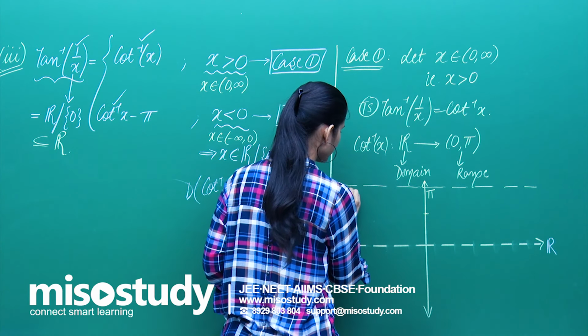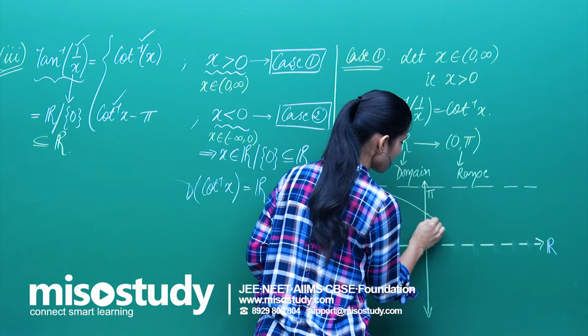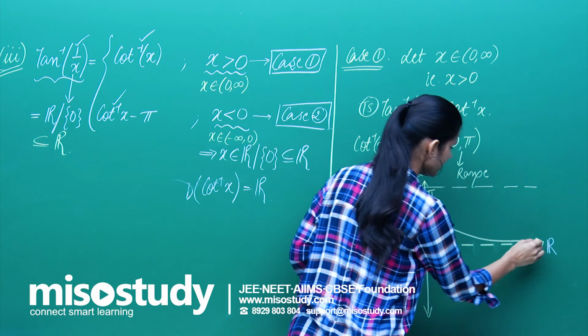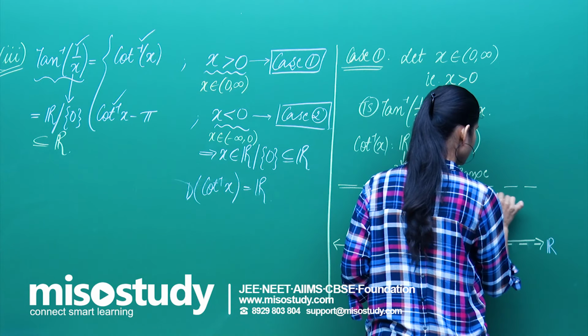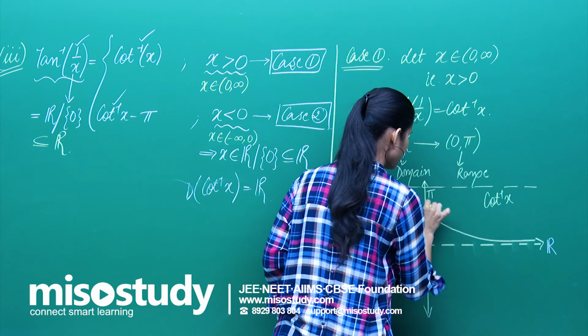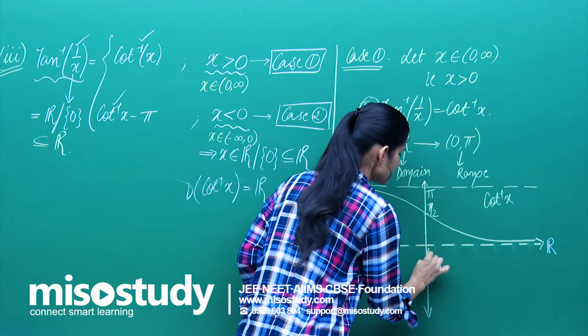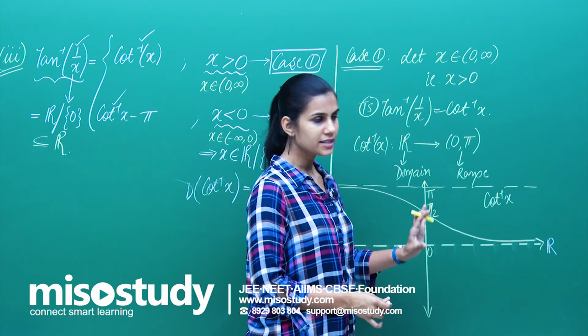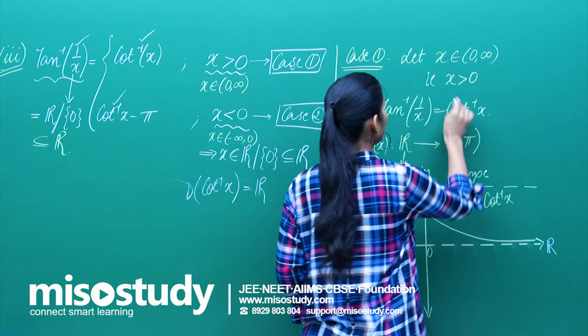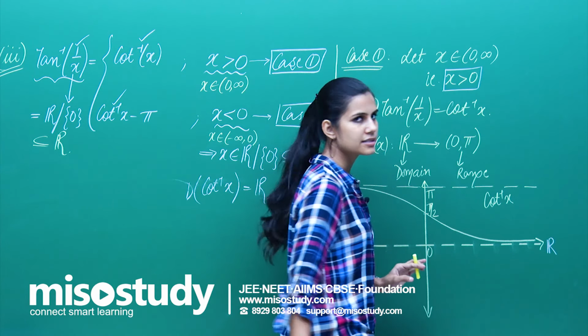The graph of cot inverse is like this. This is your cot inverse x. This point is pi by 2. This is 0.